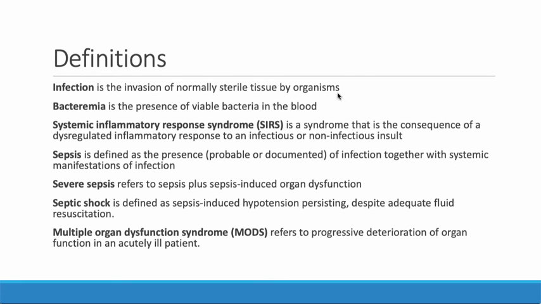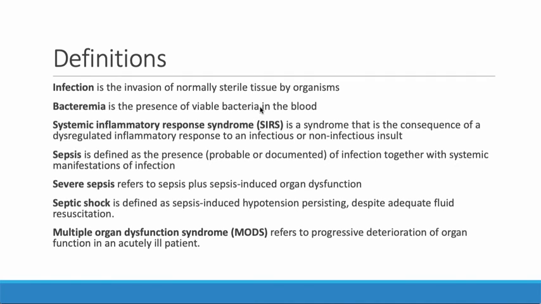When you have septic shock, you have to meet certain criteria, right? But first, a couple of definitions. Infection, of course, is the invasion of normally sterile tissue by organisms, whether it's the blood tissue or the gut or the skin or whatever. That tissue is infected.